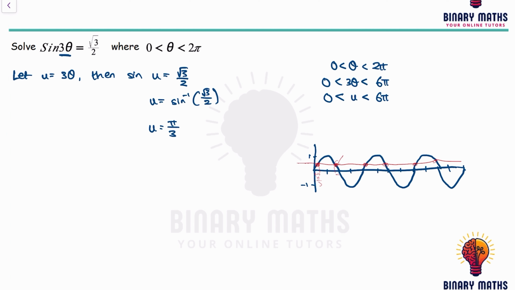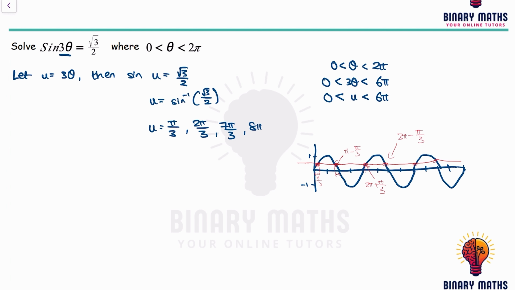Because this is pi over 3, that must be pi take away pi over 3, which is equal to 2 pi over 3. This one must be 2 pi plus pi over 3, which is equal to 7 pi over 3. This one must be 3 pi take away pi over 3, which is equal to 8 pi over 3.